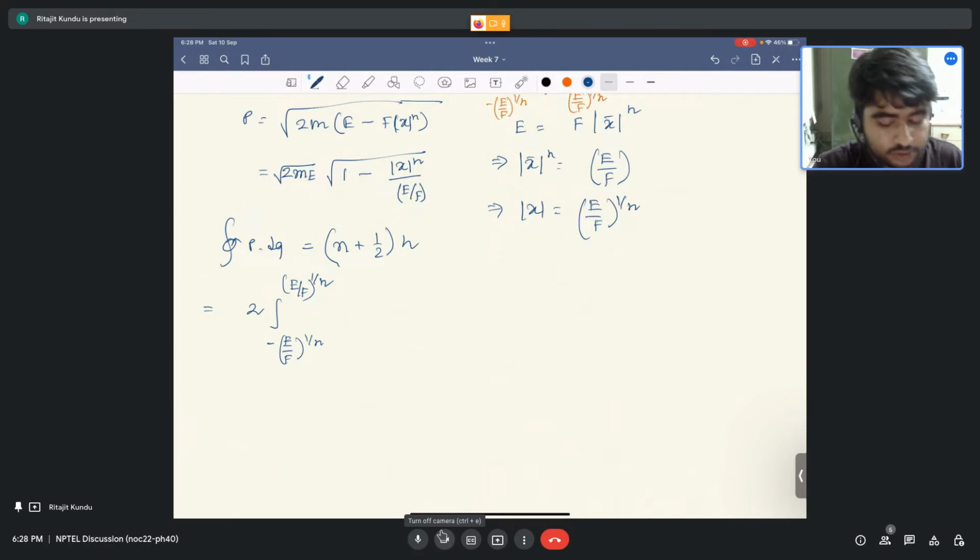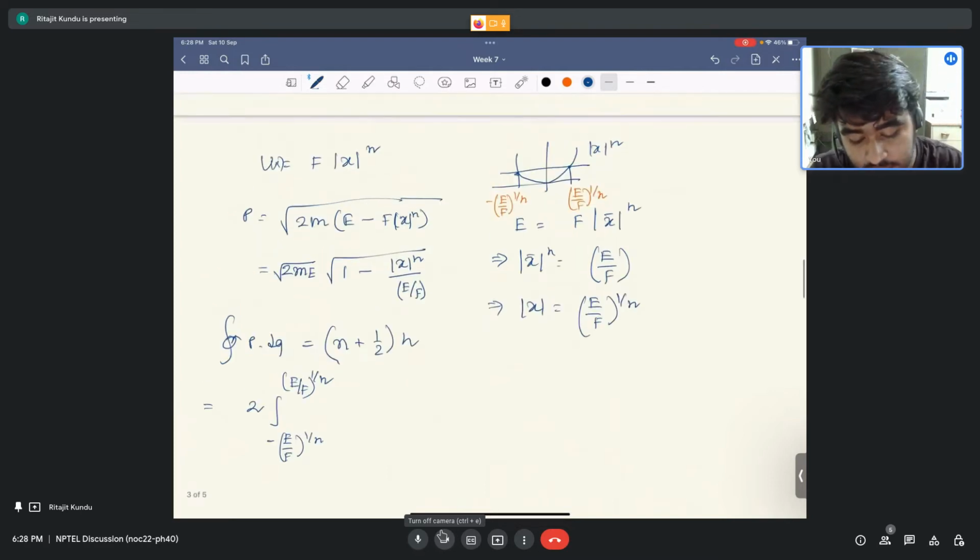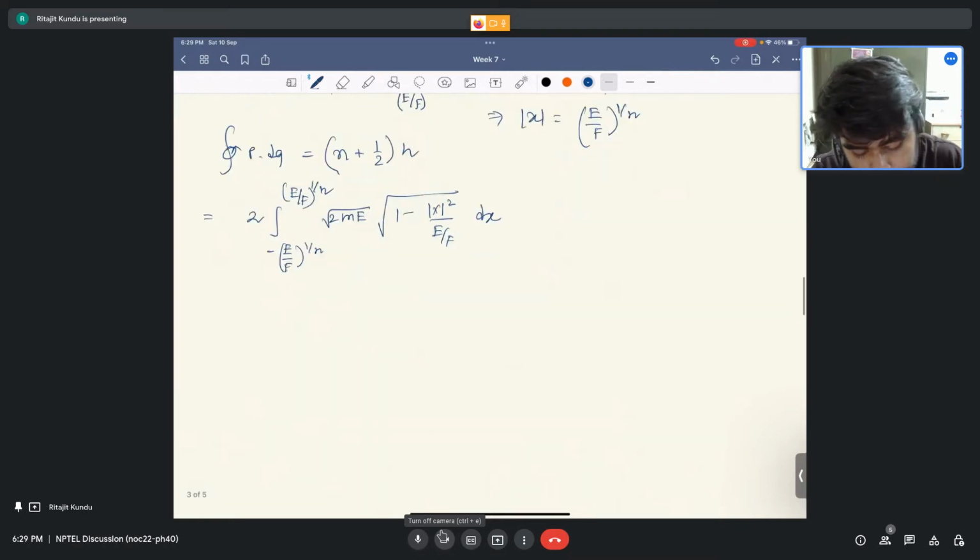It has to cover the trajectory, so it has to go and come back. And I'll write the integrand as square root of 2mE times 1 minus x to the power n by E by F, dx.